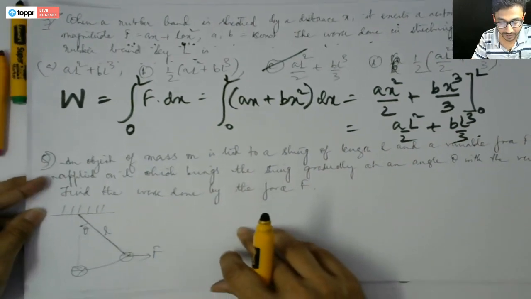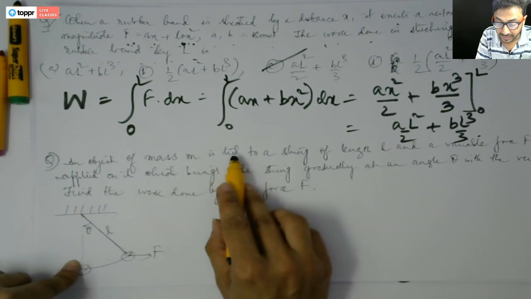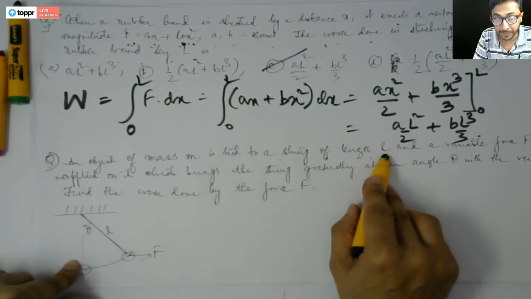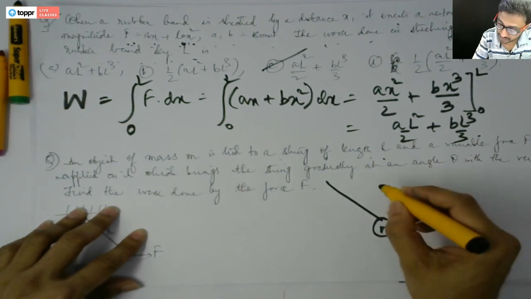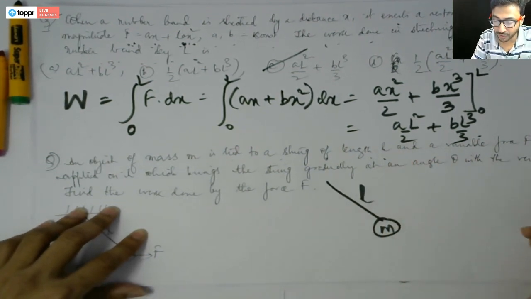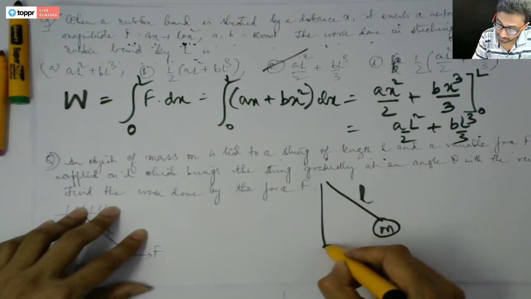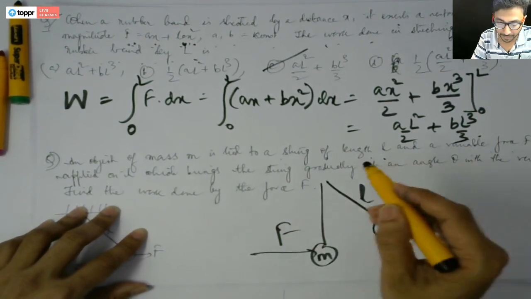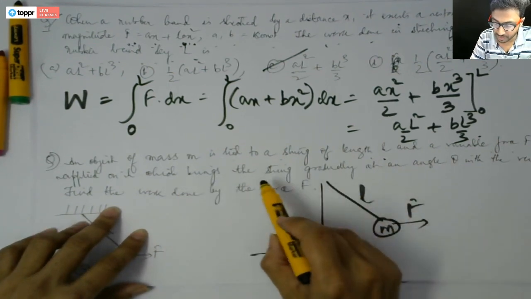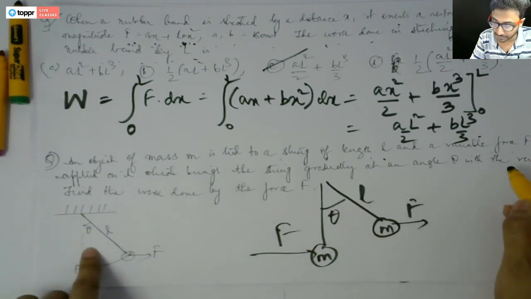Let us see the second question. An object of mass m is tied to a string of length L, and a variable force F is applied on it, which brings the string gradually to an angle theta with the vertical.